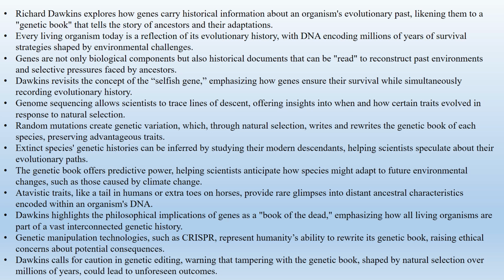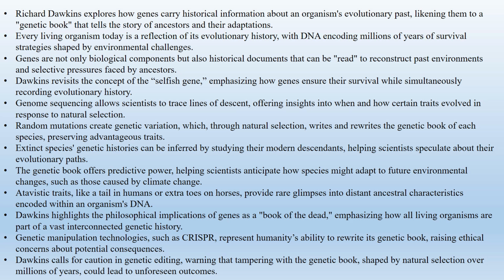These genetic blueprints are like an archive of information, tracing back millions of years to the conditions and challenges that shaped various species. Dawkins uses the metaphor of a genetic book to describe how organisms are living documents that hold vast amounts of data about their past. Each individual carries the accumulated survival strategies of countless generations, encoded in its genome.